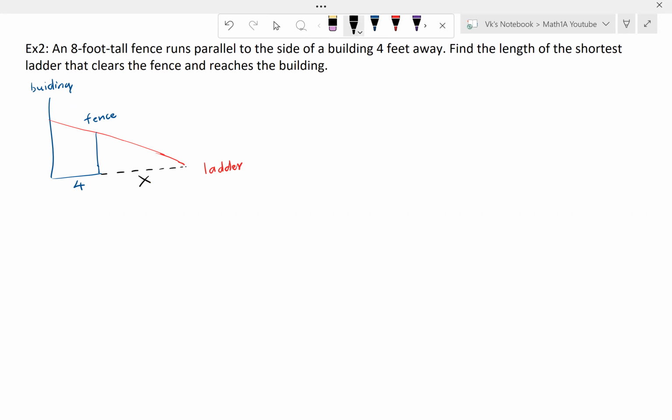The ladder, I'm going to have the length here to be L. And as for the building, the height from the top of the ladder to the bottom of the building is y. We have two right triangles.